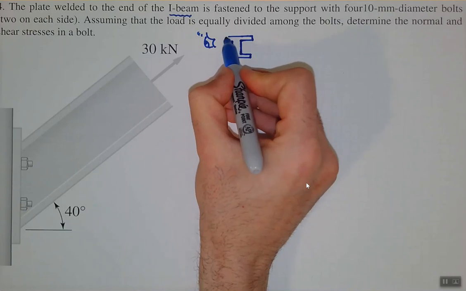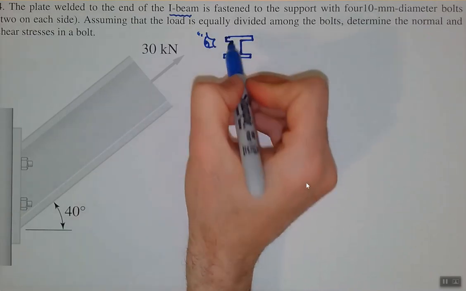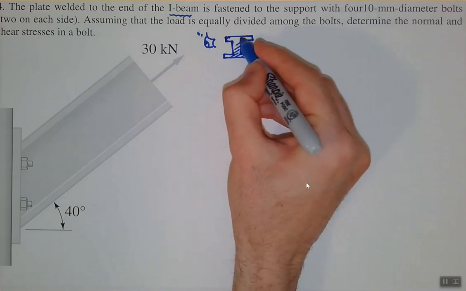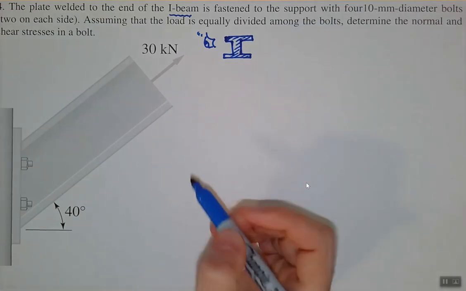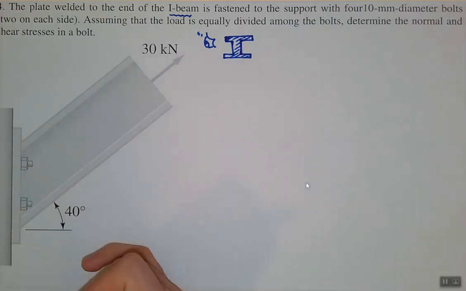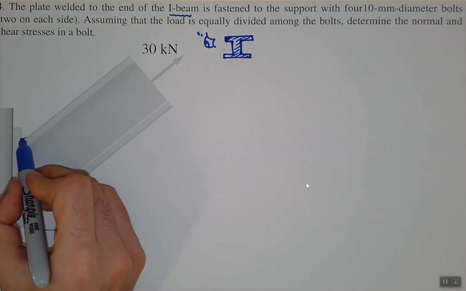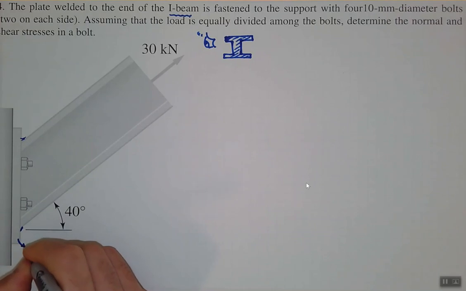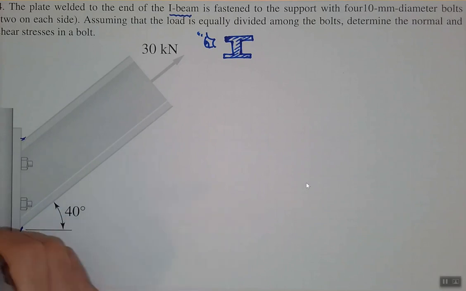But it doesn't matter anyway in this question. So right, this is the view that we see for this beam, and it's called an I-beam. It says this I-beam is being welded to a plate, so maybe welded to this plate, and then the whole thing is fastened to the wall.